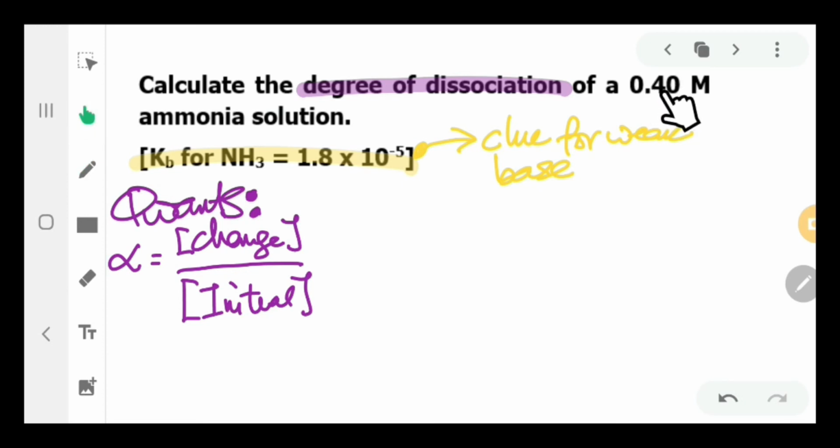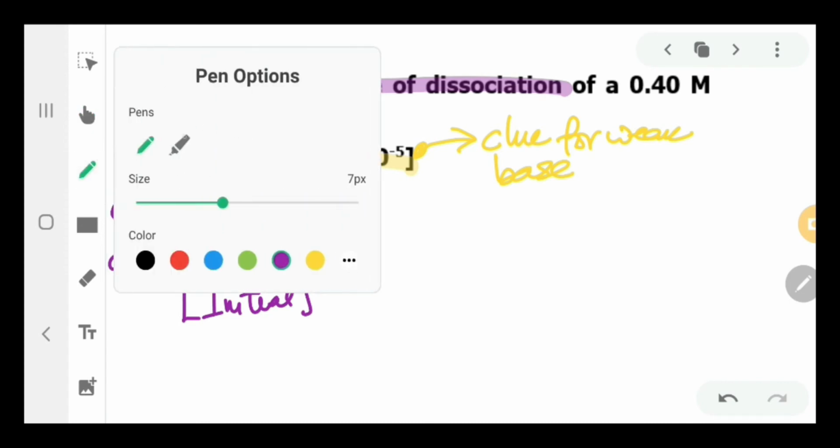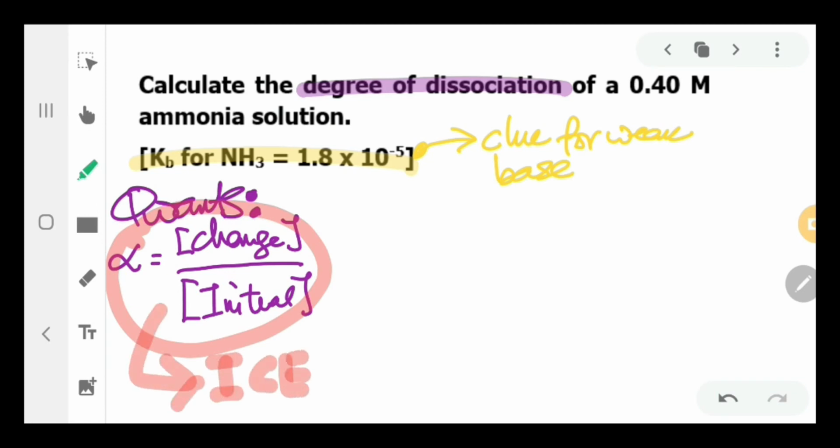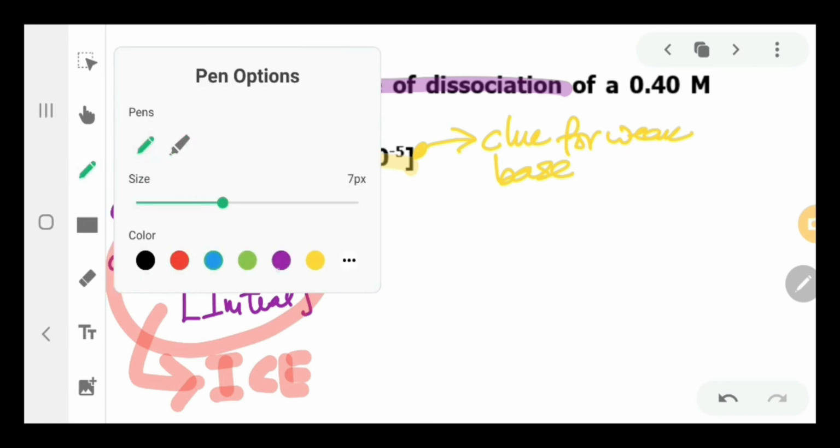This 0.40 molar ammonia solution. So we need to construct your ICE. Now, first step.